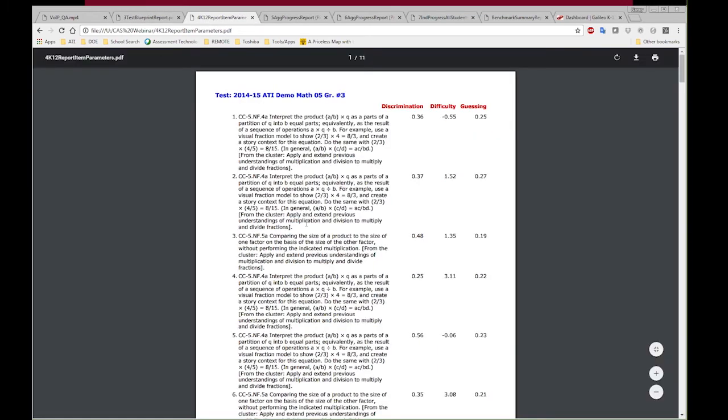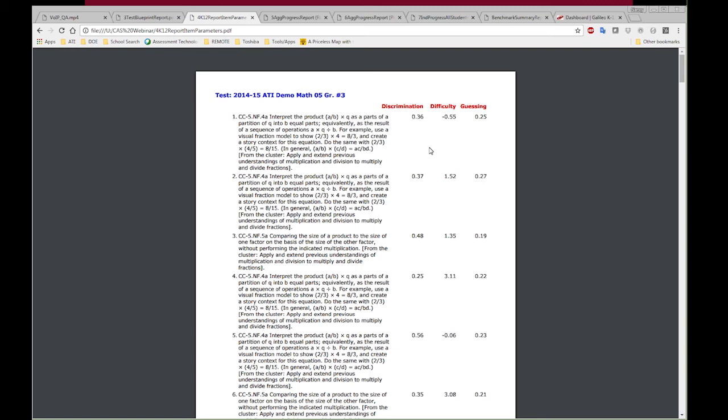There's also the item parameters report, which shows you again each question, the performance objective that it is evaluating, and the factors that we use in calculating that analyzed data that gets you a scaled score, what we call the developmental level score, or DL score, which is the score that looks like what you would see for an SAT score rather than a raw score.